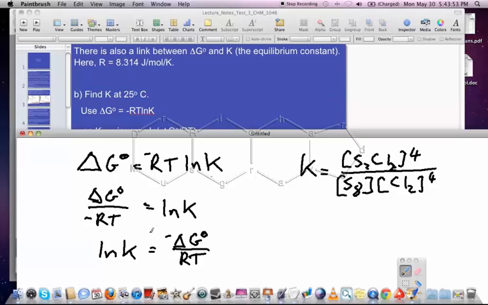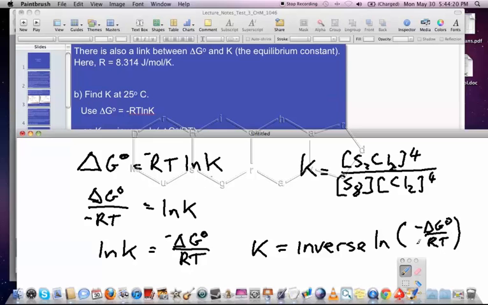Alright, so here's the next part, is we need to take the inverse log so we can isolate K. So we take the inverse log of a log, we'll end up with K, and here we'll have inverse natural log, inverse ln of negative delta G naught over RT.